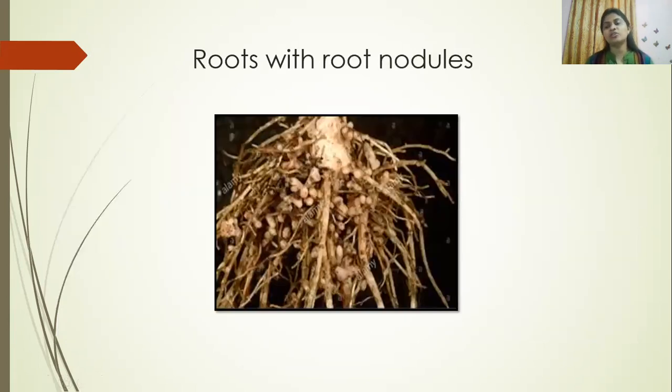Then roots with root nodules. What do you mean by root nodules? Now these are mainly found in mimosa plants and even in plants which belong to the legume family, like beans, wing beans, long beans, which belong to the bean family, right?